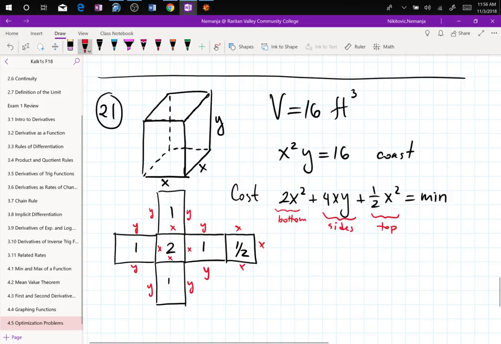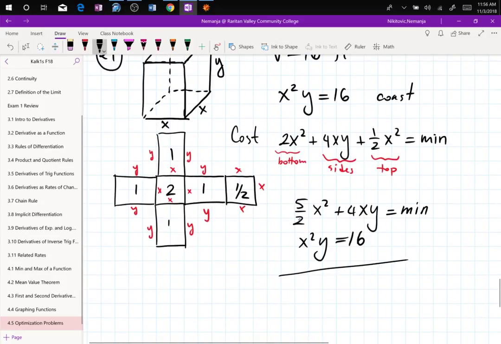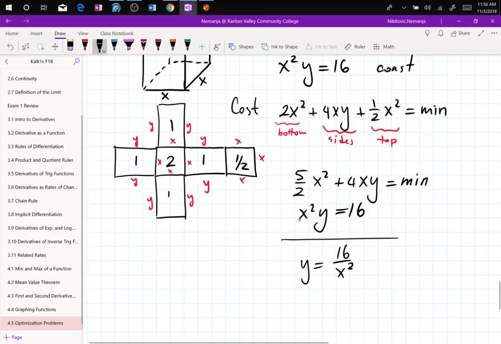So now we have 5/2 x squared plus 4xy equals a minimum. And I have x squared times y equals 16. So these are the 2 equations I have to use. I will say y is equal to 16 over x squared. Right, that's my constraint. I'm trying to kill a variable.